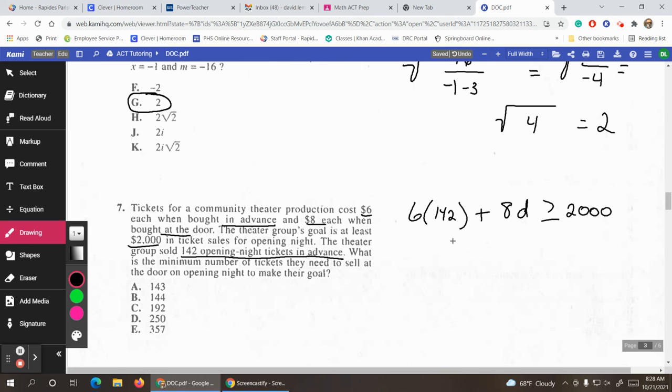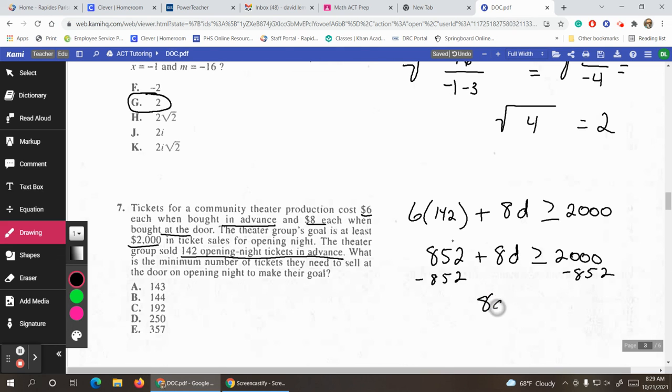All right, so plug this into my calculator. I get 852 plus 8D is greater than or equal to 2,000. All right, and so I would then subtract 852 from both sides, right?